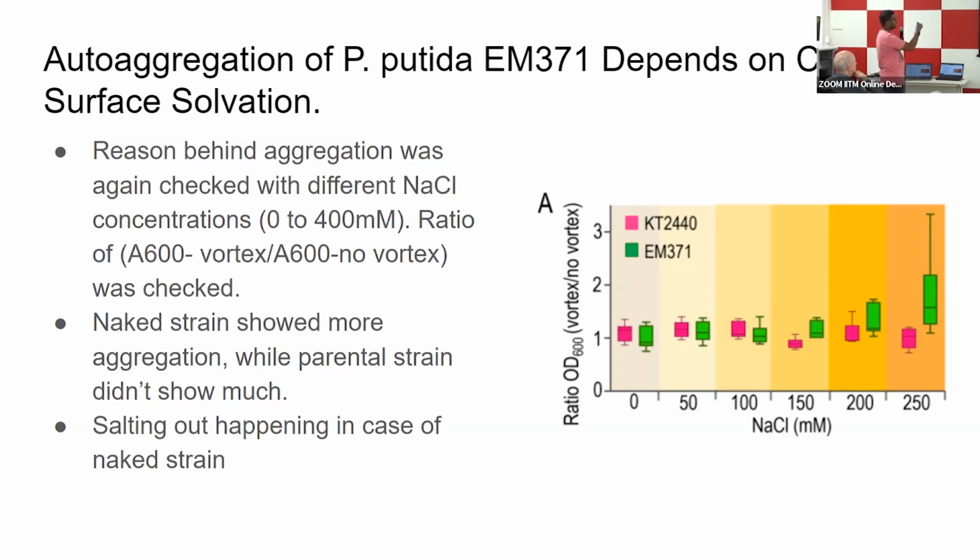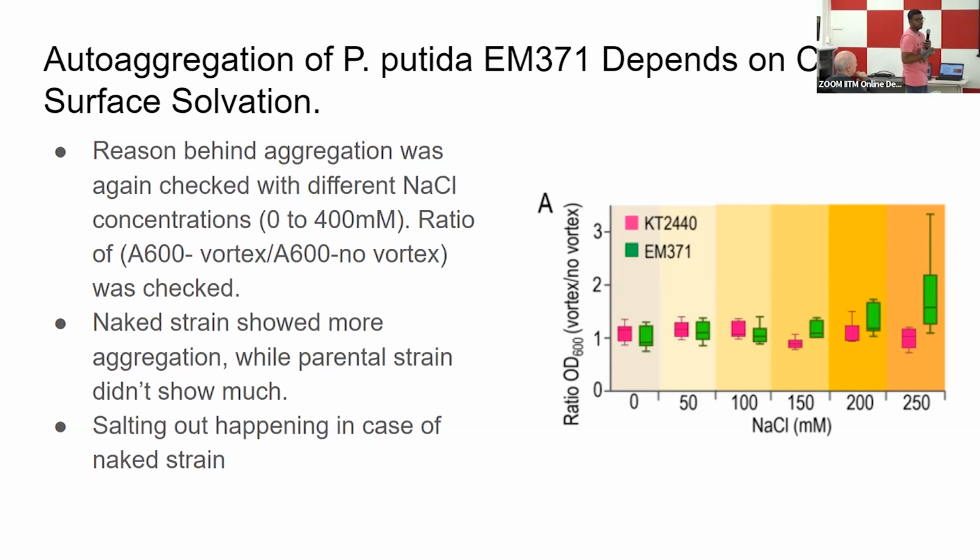And the results showed that the naked strain, that is the modified strain, showed more aggregation, while parent strain didn't show much. So this is a box and whisker plot, and the two strains are represented here. The purple pink one represents the parental, while green represents the modified strain. And this is the ratio of vortex by non-vortex. The more the ratio, that means more the flocculation is there, and green, that is the modified strain, is showing more ratio.